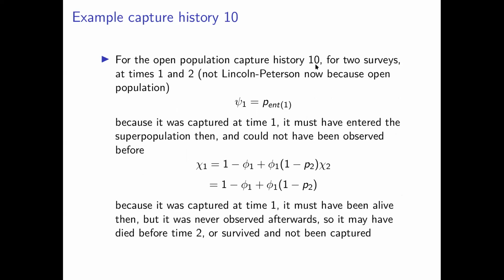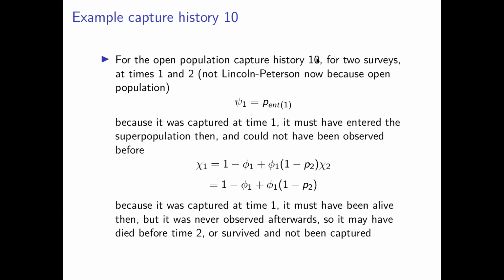So I'll talk about that more later, but just noting that this is not very common that you would have this for POPAN models. And also, this is not a Lincoln-Petersen study now, even though it's 2 surveys, because it's an open population.